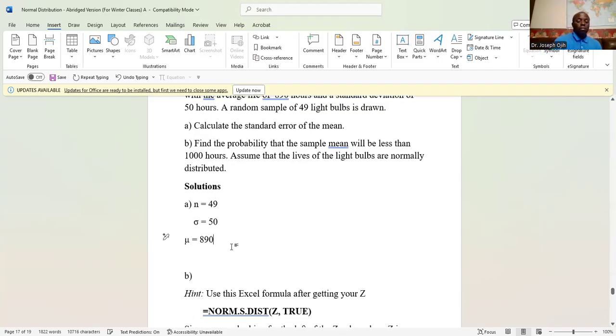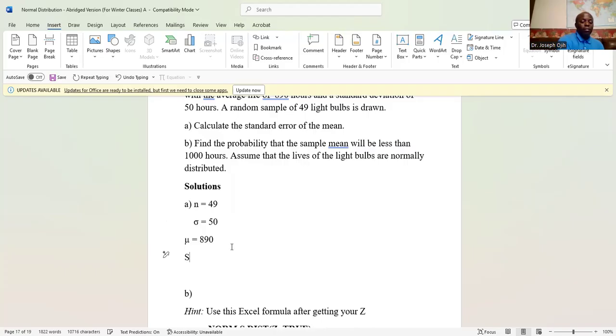Let's find the standard error. So the standard error equals the standard deviation divided by the square root of the sample size, which is 50 divided by the square root of 49.